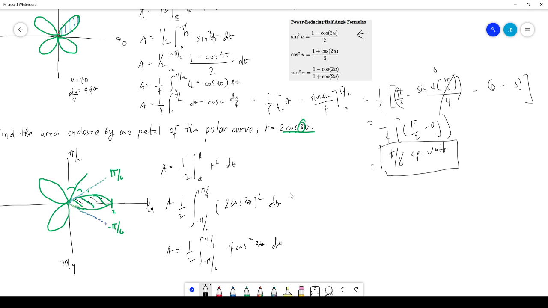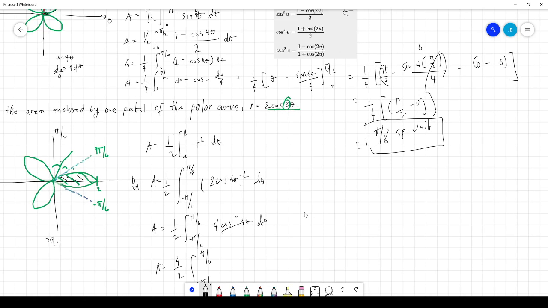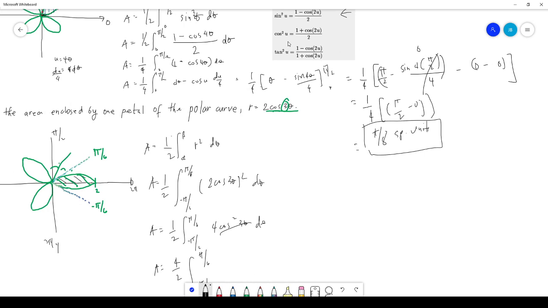So let's reduce this power into half angle. So that's 1/2. Let's take out the 4, and then cos squared 3 theta. If cos squared u is 1 plus cos 2u over 2, then 3 would be equivalent to 6, right? So therefore that's 1 plus cosine 6 theta all over 2 d theta.